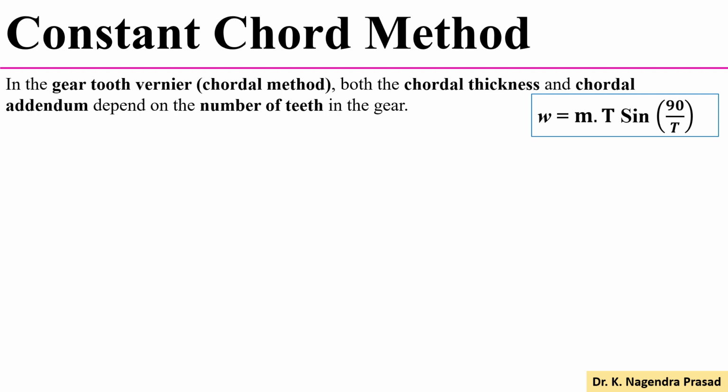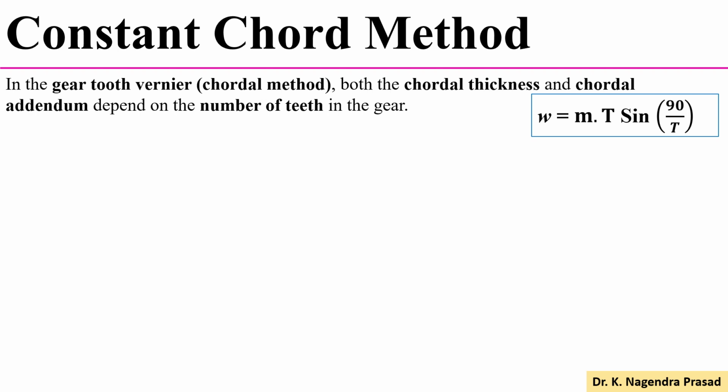In the previous lecture, we discussed the measurement of gear tooth thickness by the gear tooth vernier caliper. In the gear tooth vernier caliper, both the chordal thickness and chordal addendum depend on the number of teeth in the gear.